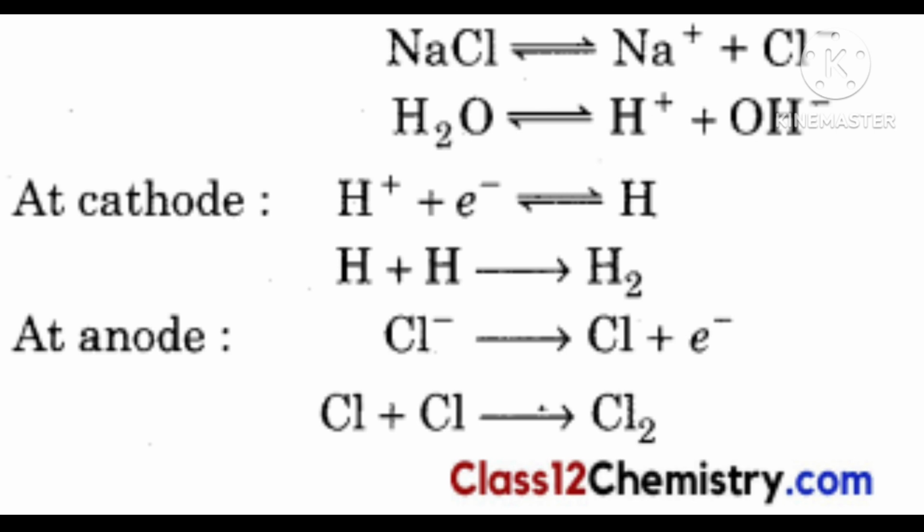Boiling point also follows the same type of trend. HF is 293 and HCl is less, 189. HBr is more than HCl, 206, and HI is highest, 238 Kelvin.